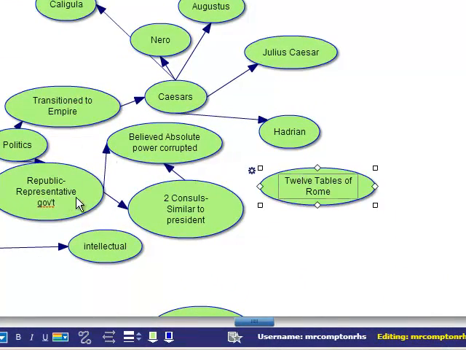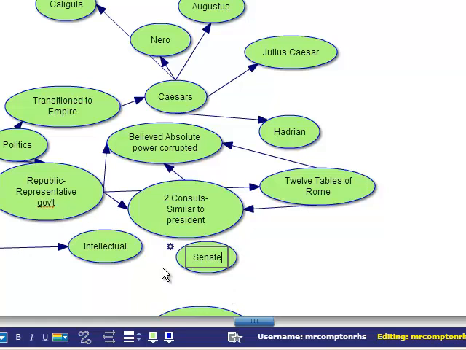All right, and again, this kind of the Republic that connects that. And in addition to that, that is something that laid down the framework to establish the prevent power of the corrupt, as well as establish the two consuls, as well as we need to probably also add the Senate. All right, the Senate, connect that.